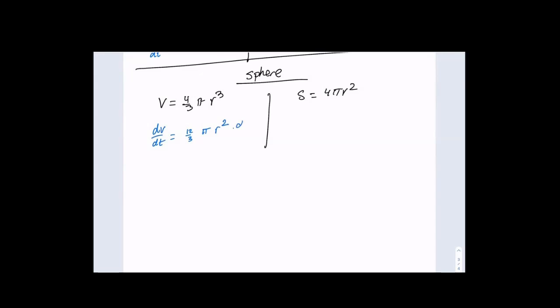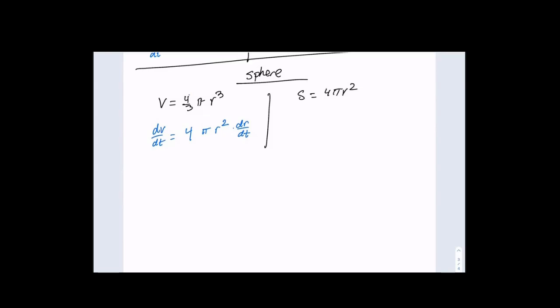Dr/dt. Yeah. Now, you said 12/3. You can just say 3 because when you get over here, the 3's cancel each other out when you bring in that 3. So it's 4 pi r squared dr/dt.